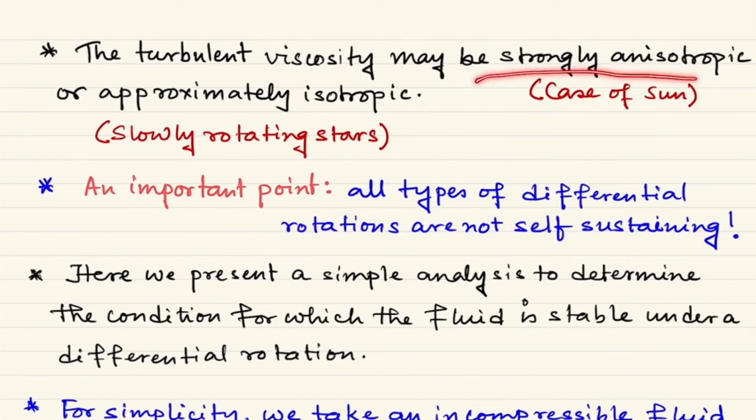Now turbulent viscosity, just for your information, is very interesting, and it is in general anisotropic. When this anisotropy is very strong and non-negligible, then the differential rotation is not transformed into a solid body rotation, and that is exactly the case of our sun, our famous star.